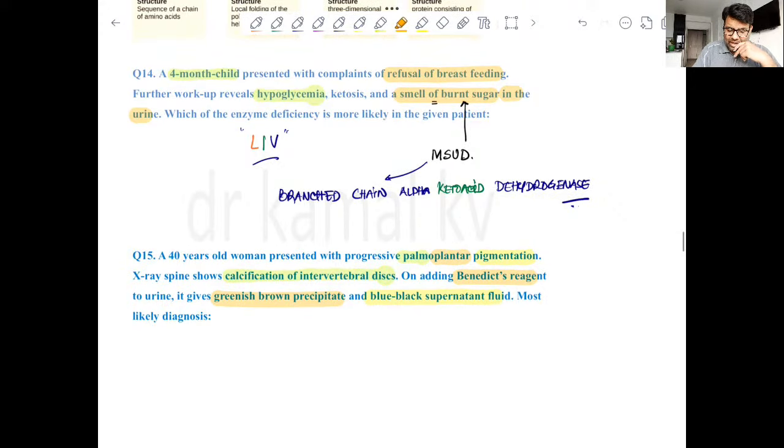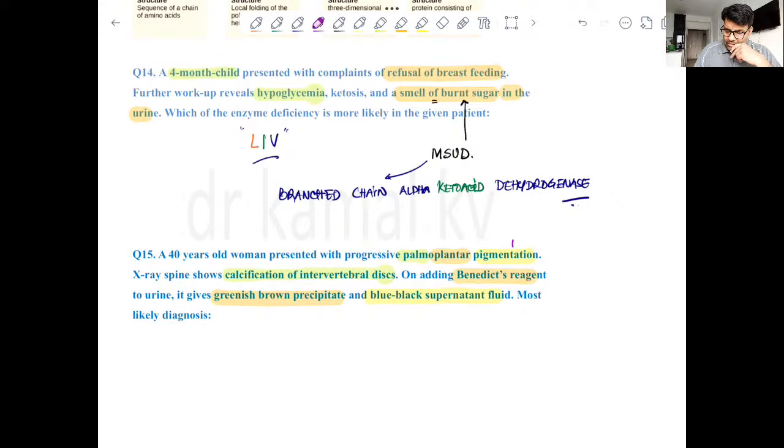Now, what is the most likely diagnosis? There are three important keywords: pigmentation, then calcification of intervertebral disc, and Benedict reagent showing a blue-black supernatant fluid.